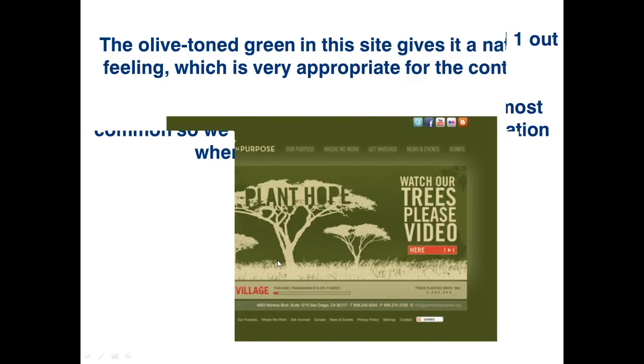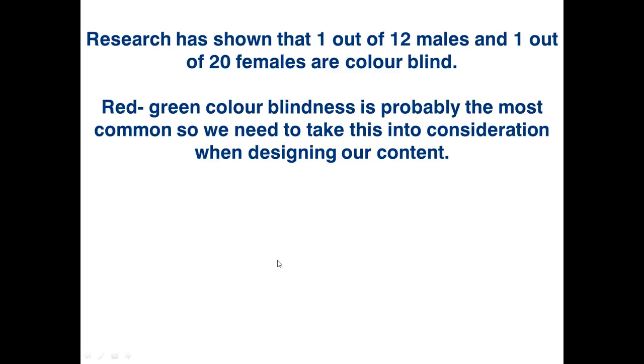Before we jump any further, it's always important to remember people who are colourblind. From some of the research I've done, 1 out of 12 males and 1 out of 20 females are colourblind. Red-green colourblindness is probably the most common. I read earlier this week that among people in the Asian population, that number is higher in males.